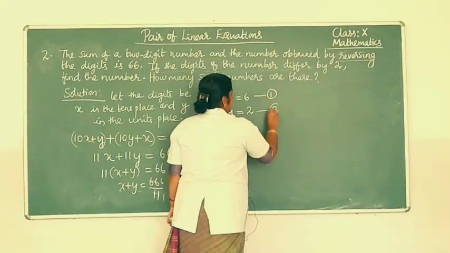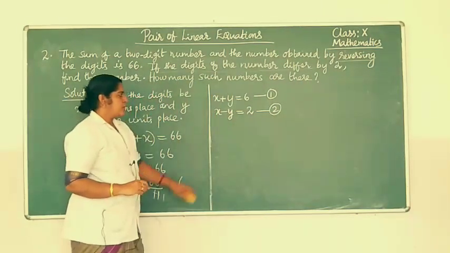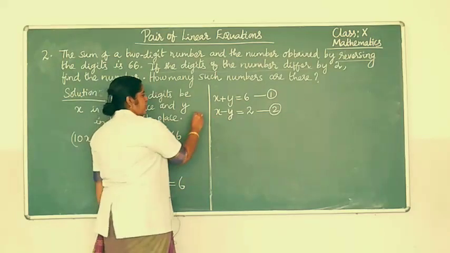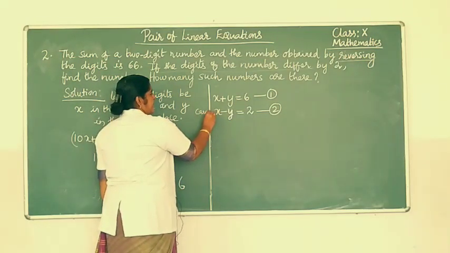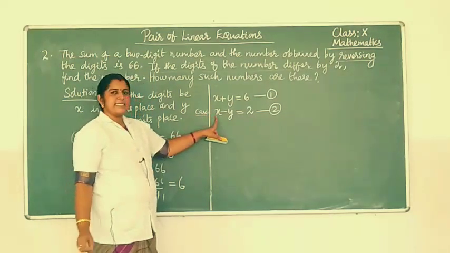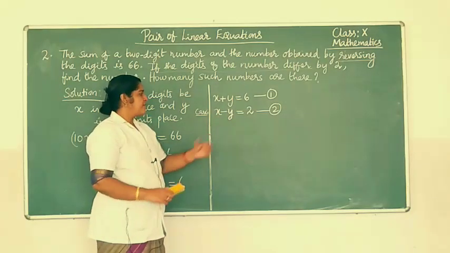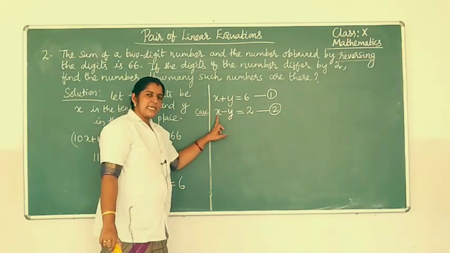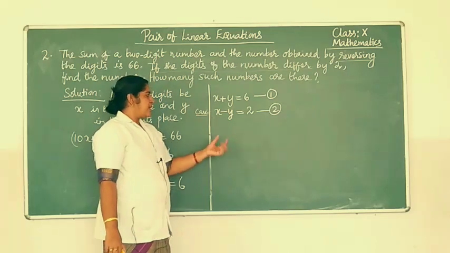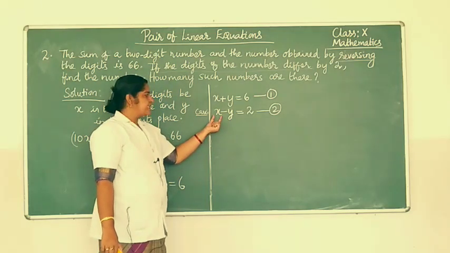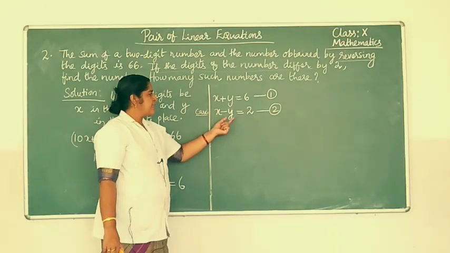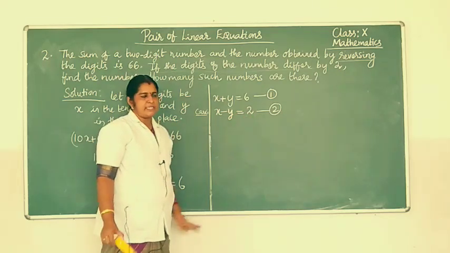So this is our equation number 2. So here this is the case 1. Okay, first case when we are taking x is greater than y, because whenever we find the difference, greater number minus smaller number. So here I assumed x as the greater number, so x minus y equal to 2. This is our first case.